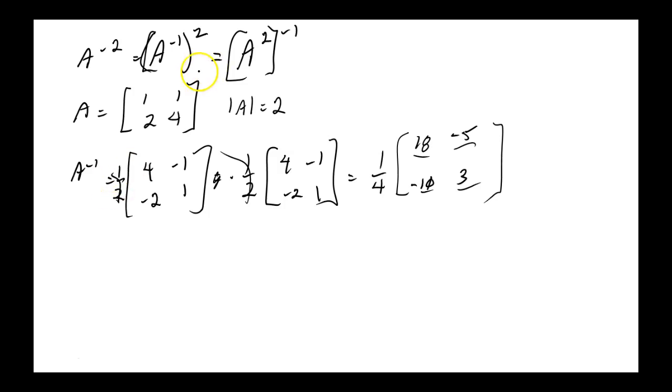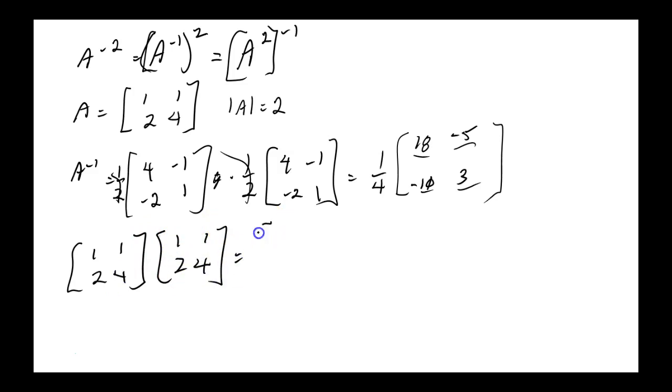Second way, first thing we do is multiply A by itself. So this would be 1, 1, 2, 4, multiplied by 1, 1, 2, 4. And that will give us a 2 by 2 matrix. The 1, 1 entry would be first row by first column. That's 1 plus 2 is 3. The 1, 2 entry would be first row, second column. 1 plus 4 is 5.